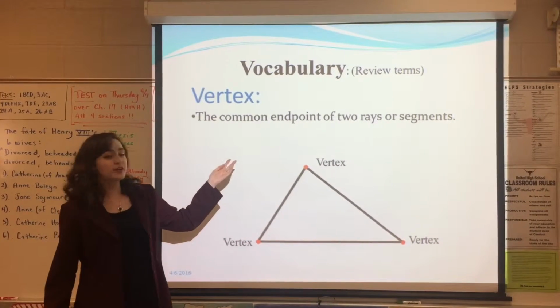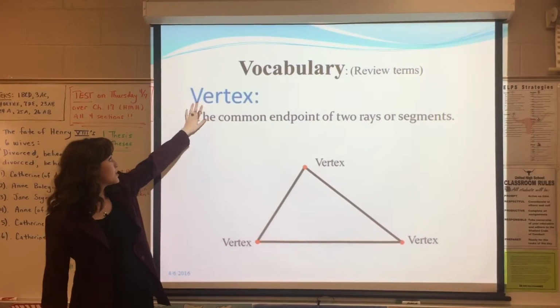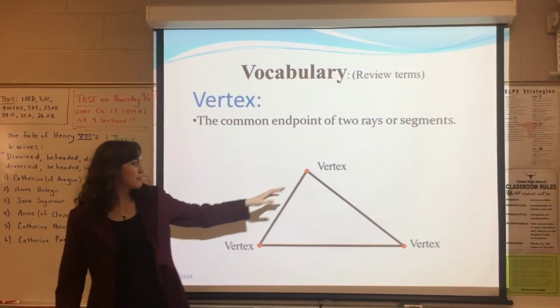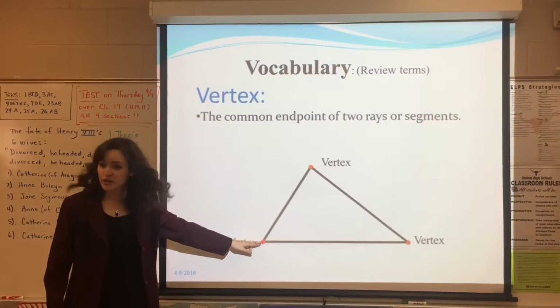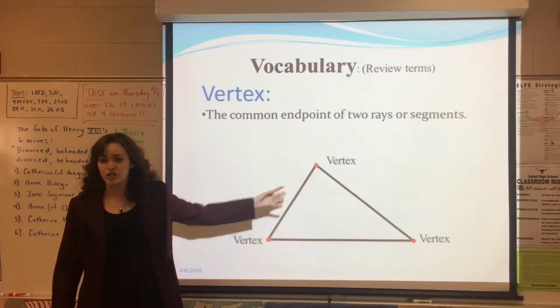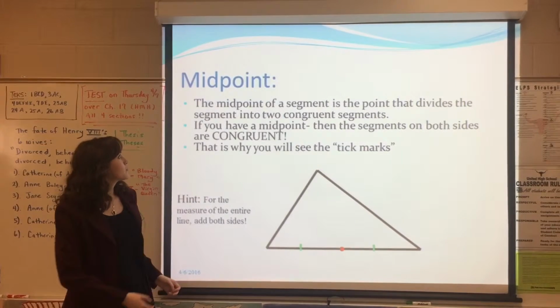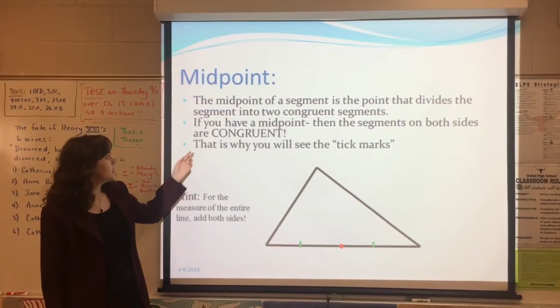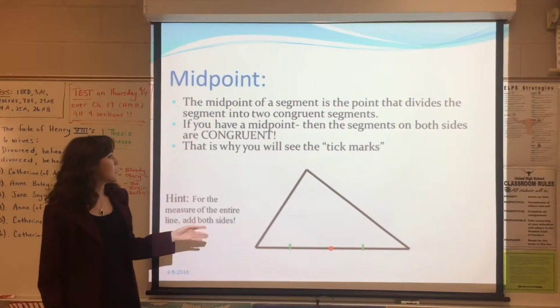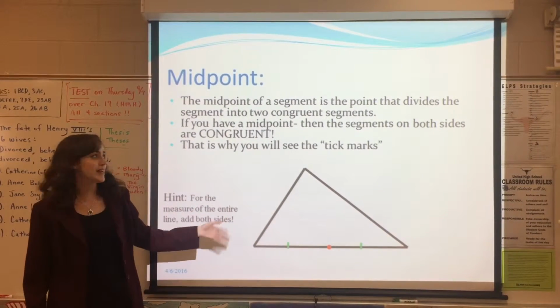Now, for vocabulary, we're going to freshen up on vertex. It's the common endpoint of two rays or segments. So here you have your vertex, and your vertex here. This is a little illustration of what a vertex is. Now, the midpoint of a segment is the point that divides a segment into two congruent segments.